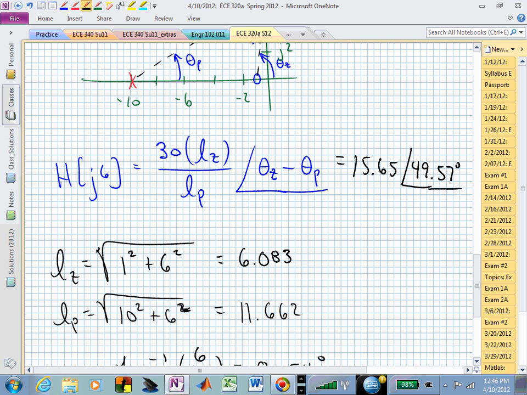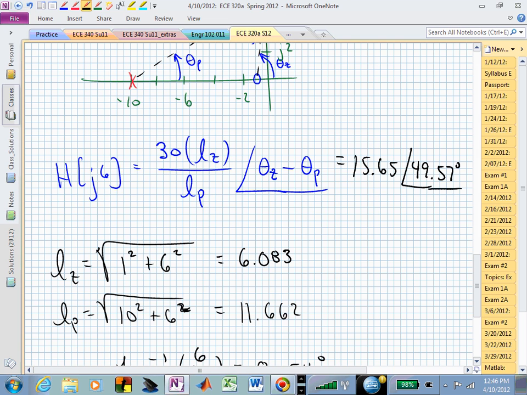This is equivalent to taking the H of s representation and replacing s everywhere with j6. That should give you exactly the same polar form of the complex number H of j6. And if it doesn't, then we've done something wrong.